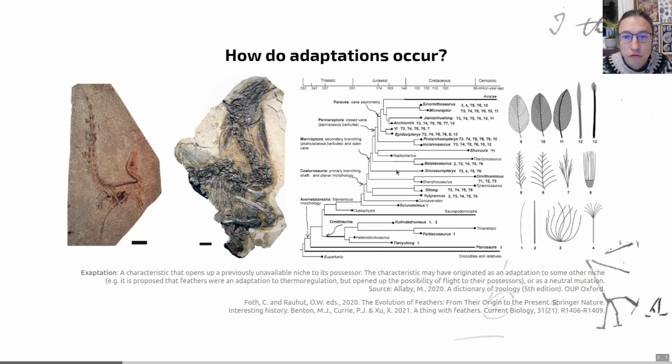Here is an evolutionary tree of the non-avian dinosaurs and the birds. And you can see on the right-hand side of this a series of different feathers. And you can see how between numbers 1 and 11 at least, these are becoming increasingly familiar as they're developing a series of different morphologies that make them better and better adapted towards flight.